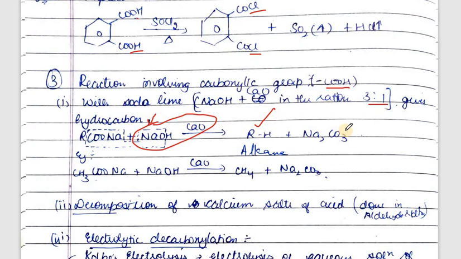Na2CO3, sodium carbonate, is removed and alkane is formed. R from here and hydrogen from here. If we take the example, sodium acetate plus sodium hydroxide and CaO, we get CH4 methane and sodium carbonate.